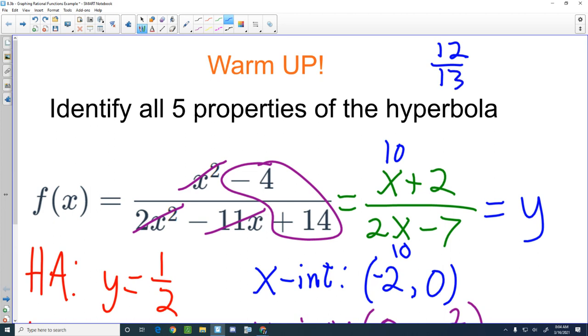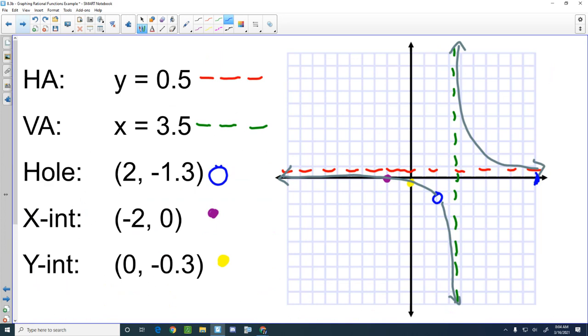So that's just under 1, right? It's approximately, let's say, 0.9. So when x was 10, we got about 0.9. And looking at my graph, we can tell that would be just under 1, because isn't our asymptote at 0.5? So it would be just above 0.5 at 0.9.